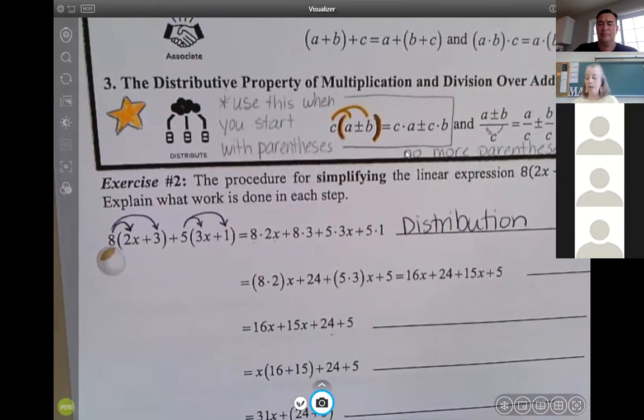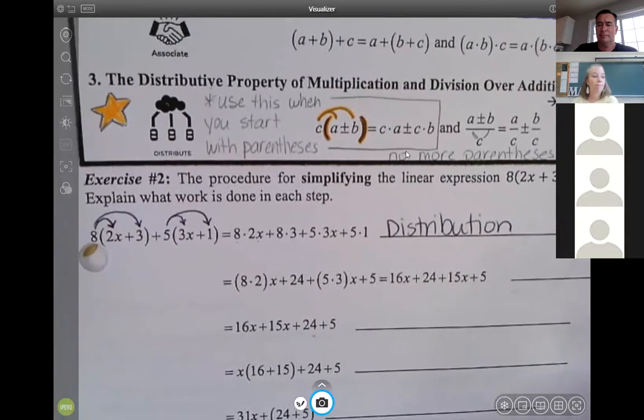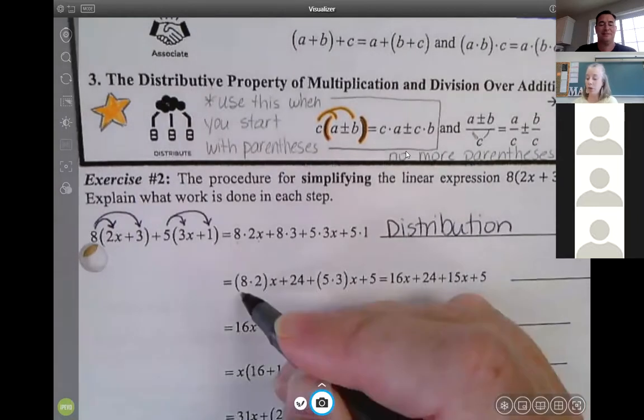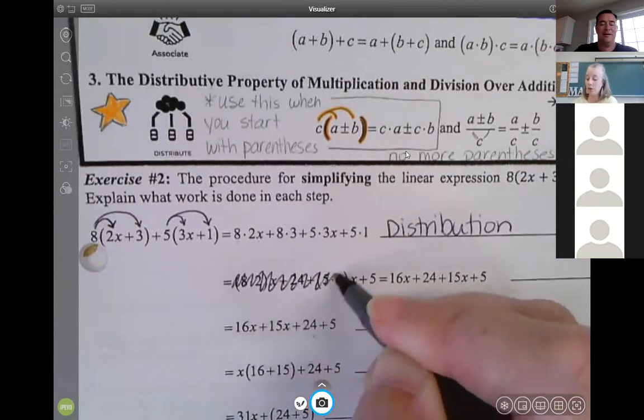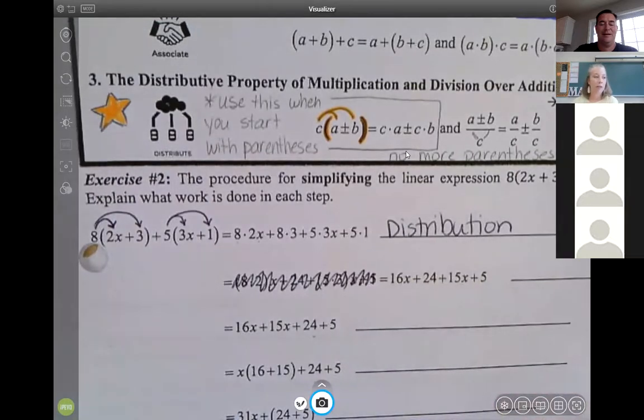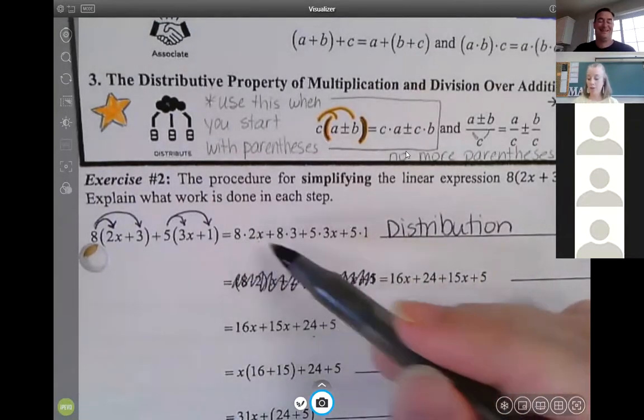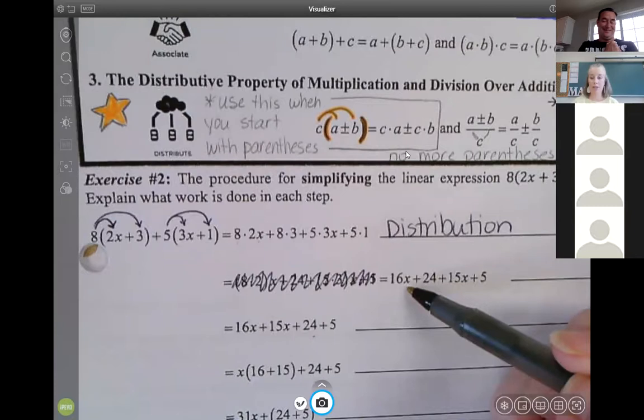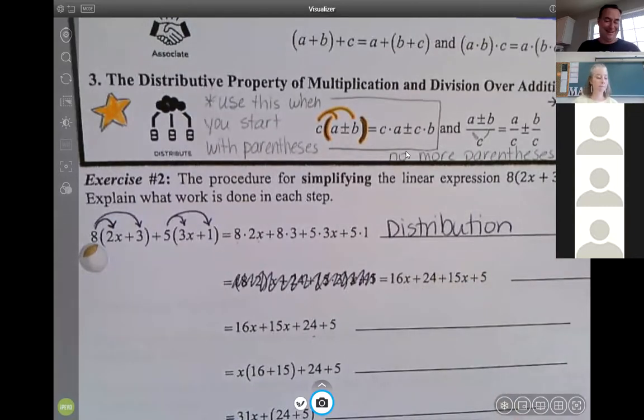Now, they showed an amount of work here that I don't think anybody else shows in their real world. So we're gonna do this. Nobody does that. If they wrote down 8 times 2x, the next thing they're gonna write down is 16x. Okay?